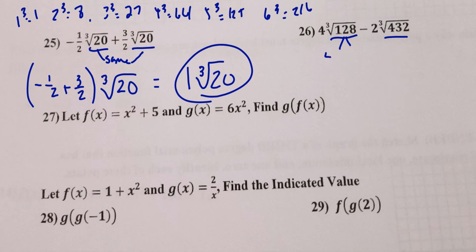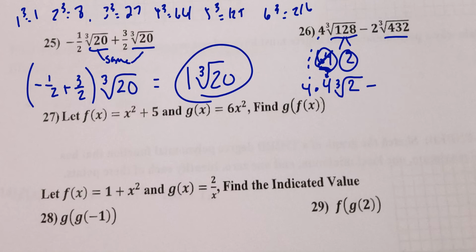Well, 128 can be broken up into 64 times 2. So 64 is perfect. It turns into 4 outside the radical. So this 4 drops down, multiplied by the 64, turns into this 4. The cube root of this 2 stays in jail forever.